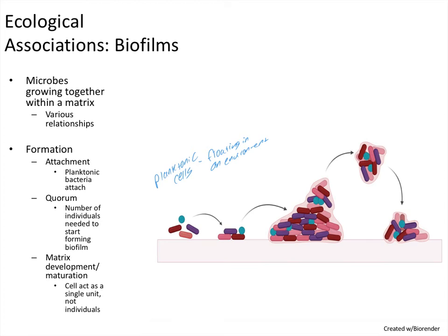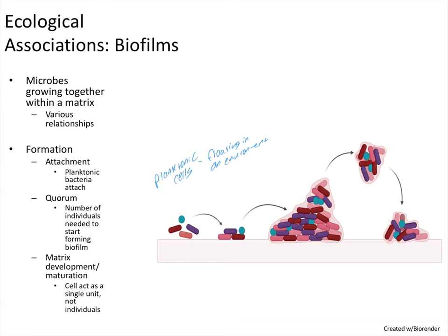One of the things that is particularly significant about biofilms is that because the cells are working as a unit rather than individuals, they are very, very difficult to disrupt, almost impossible to get rid of.